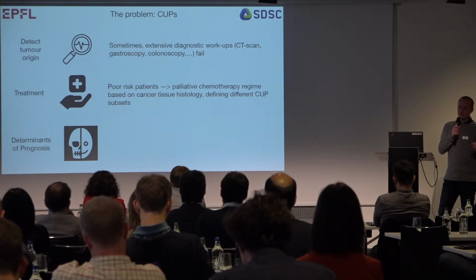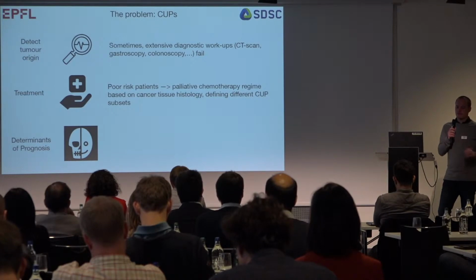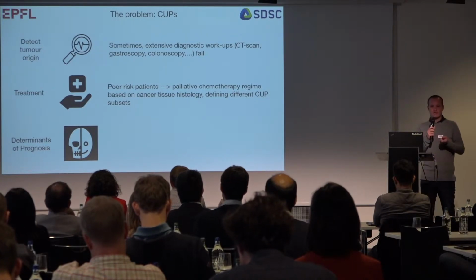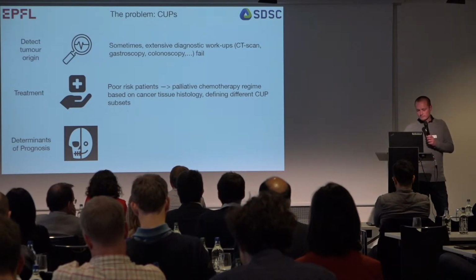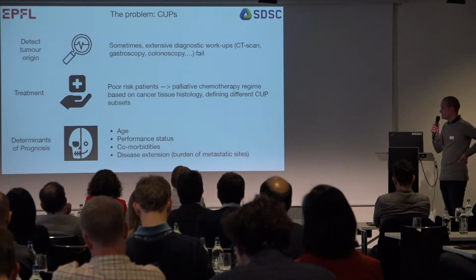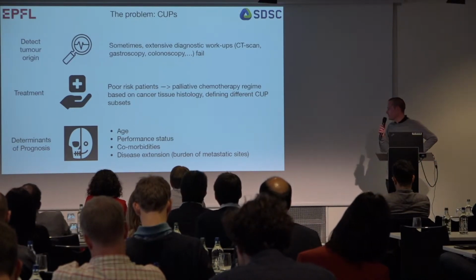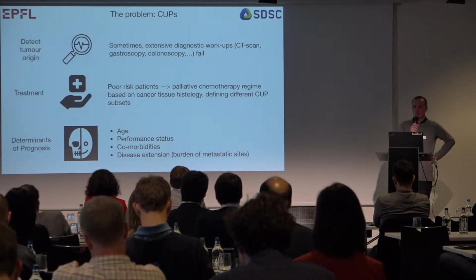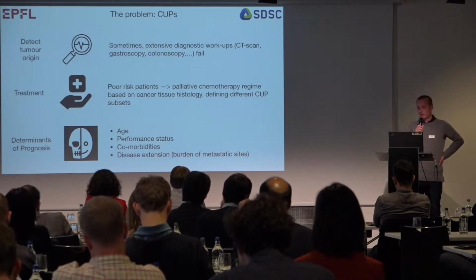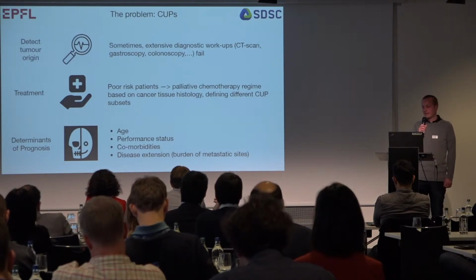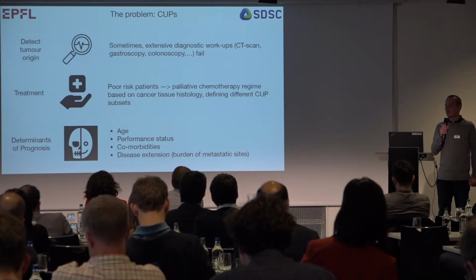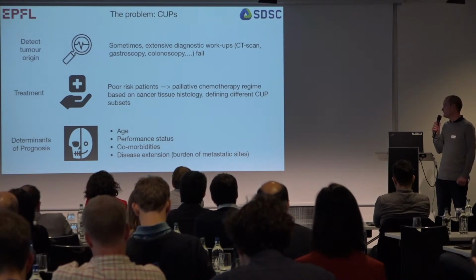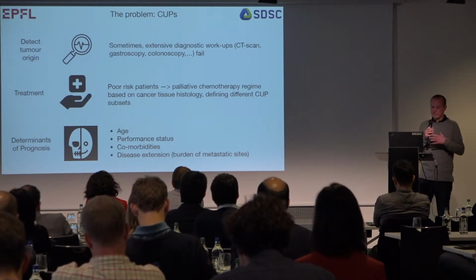The doctor finds out the subset just by looking at the histology of the cells to see if he can find general differences between them. Other factors that influence the prognosis are the age of the people, the performance, so how well they respond to the drugs, comorbidities, which are other diseases they have on top of the cancer, and disease extension, which is whether the metastasis has been found in many other body sites, basically how much it has spread.